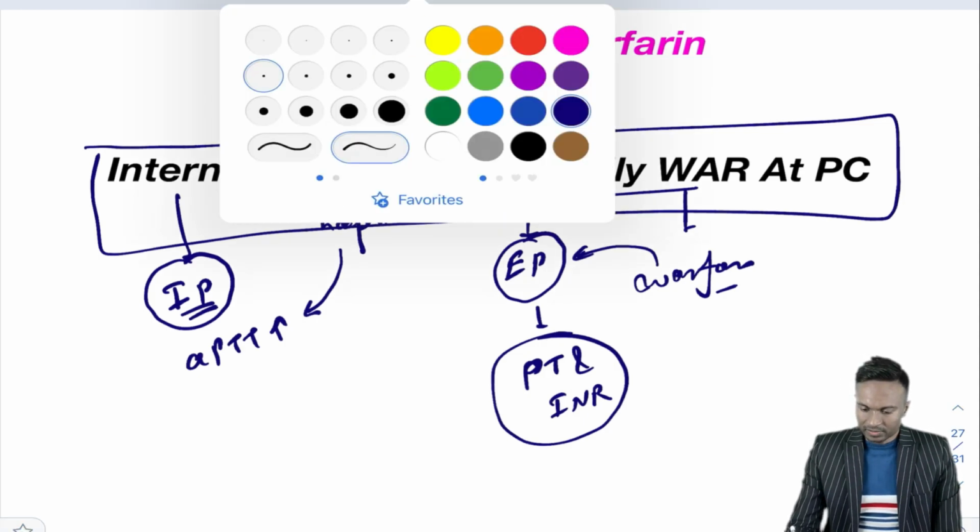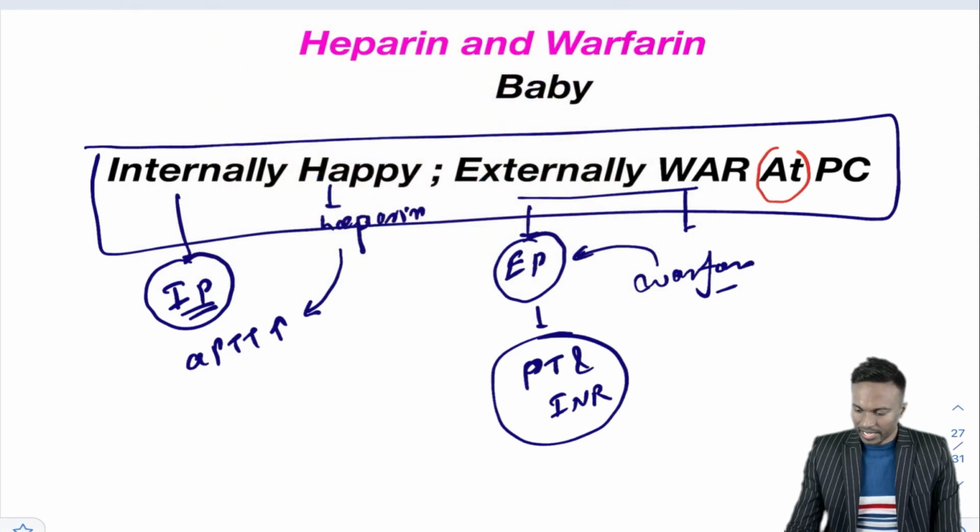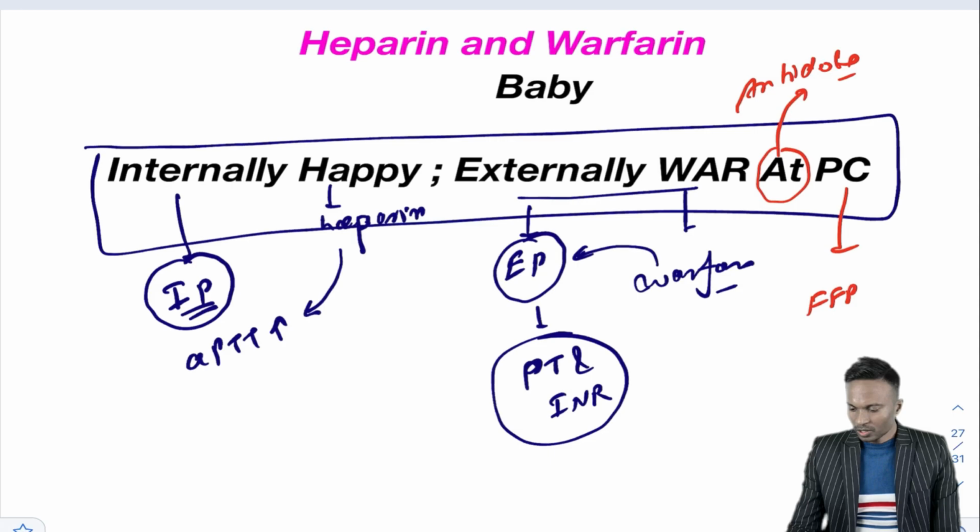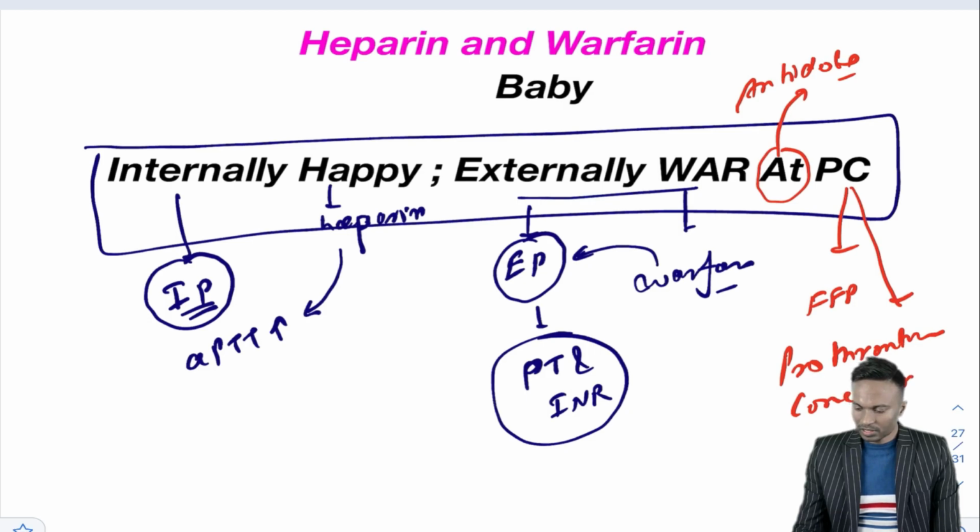What is AT? AT means antidote. Antidote of warfarin can be fresh frozen plasma, or in emergency prothrombin concentrate. Prothrombin concentrate can also be used or must be used in emergency.